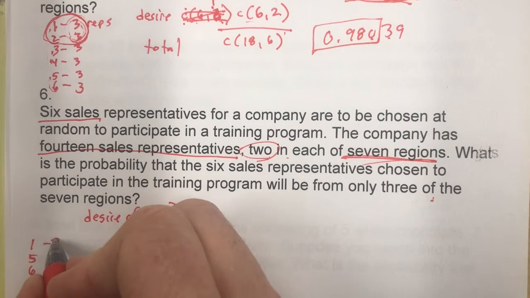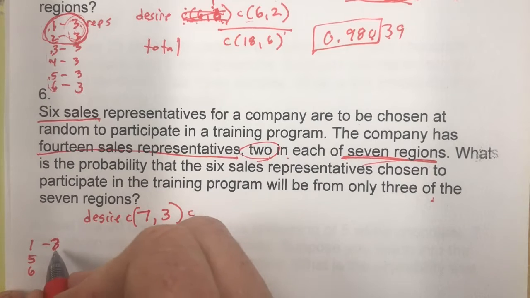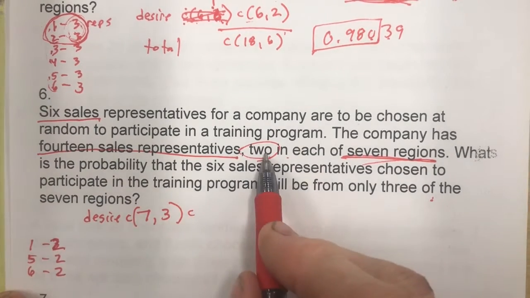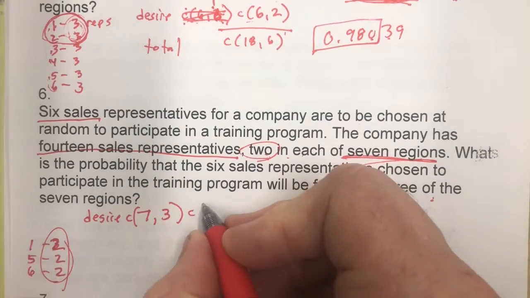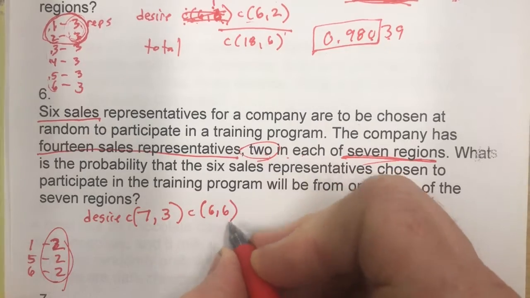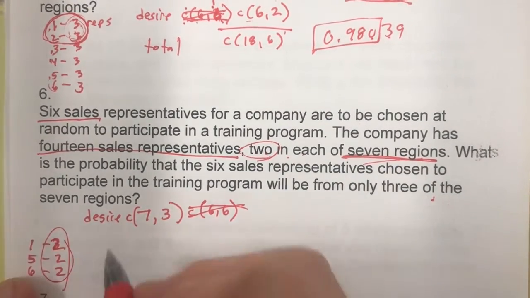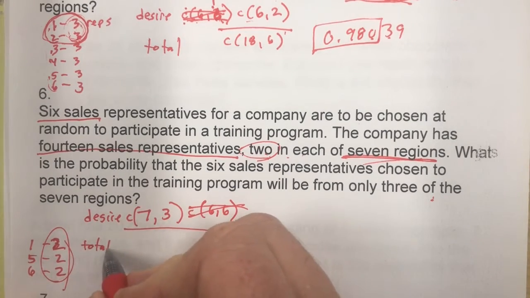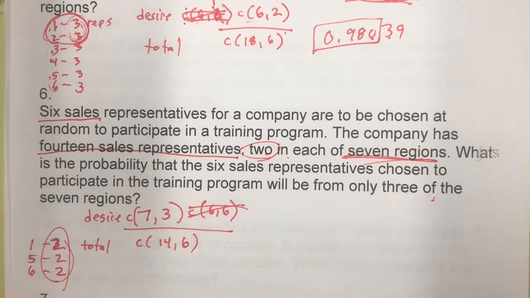There's 2 in each one of those. Okay, there's 2 in each of 7 regions. So there's a total of 6. So of those 6, we desire all 6, which is just 1, so we don't have to worry about that. So there's what we desire on the top, and on the bottom is the total, which there's 14 total, and we're selecting 6 total.